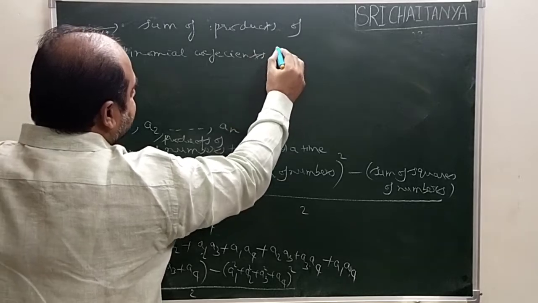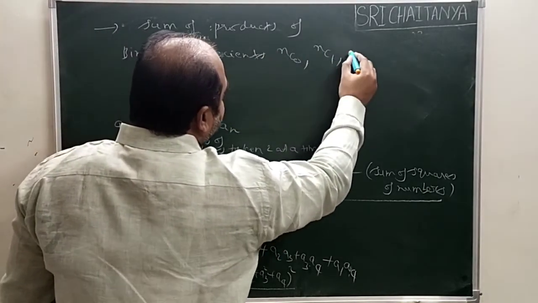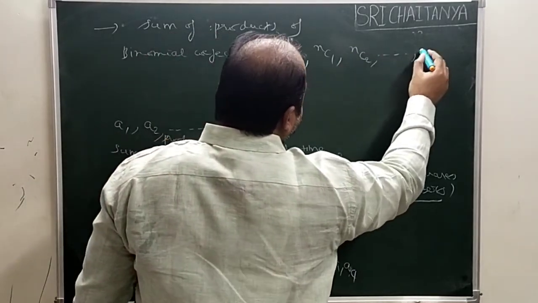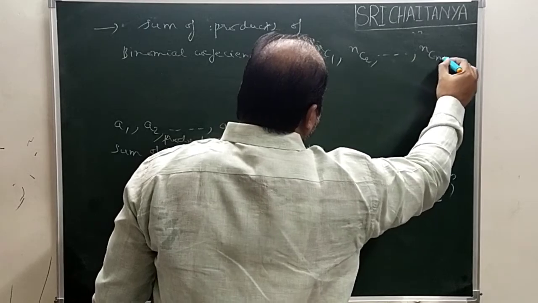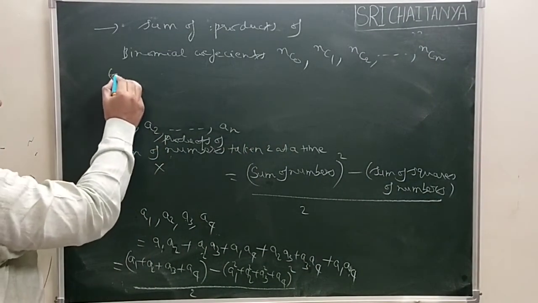Binomial coefficients nC0, nC1, nC2 and so on, nCn, taken 2 at a time.